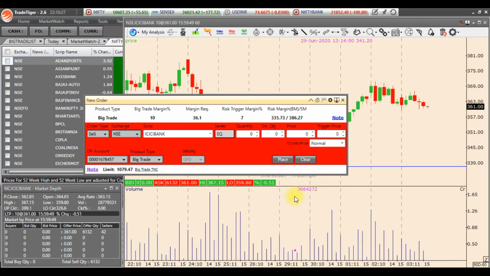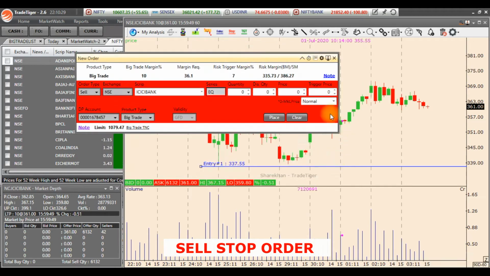Sell, and your trigger price is your stop loss price. What is it? 337.55 is your stop loss, right? You just mention 337.55 and you have to give a range, a buffer price of 336.55.